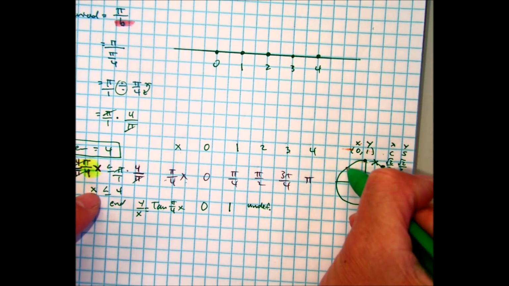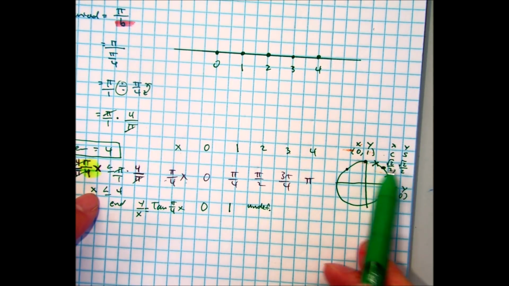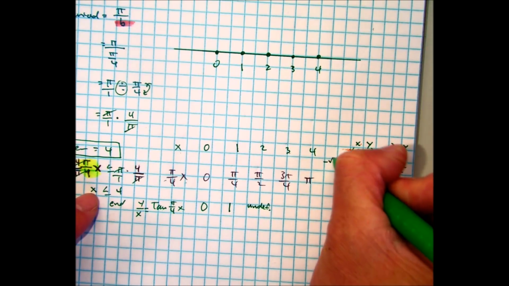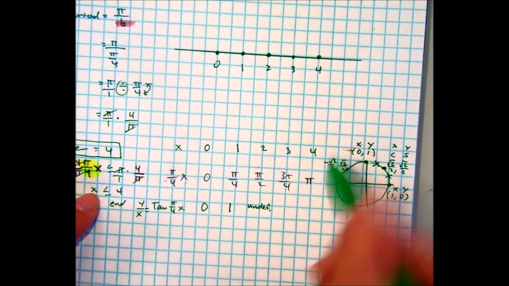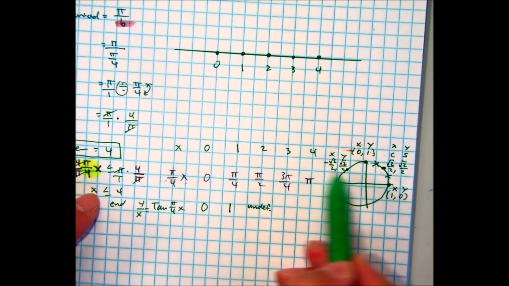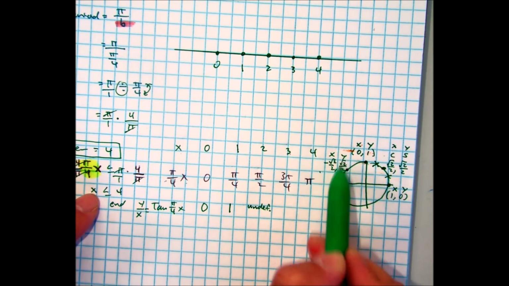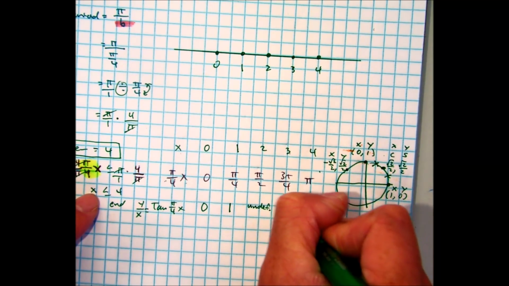3 pi over 4. It's the same ordered pair, but your x values are negative. Notice I'm always going back to the unit circle. Y over x, the expression over a negative expression, same thing over the same thing but negative. Positive divided by negative is just negative.